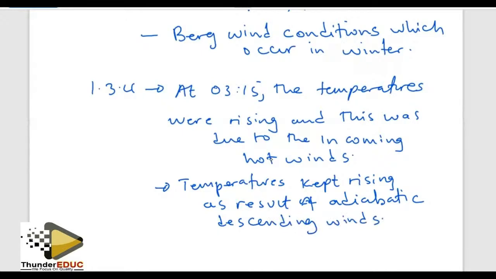So meaning that as winds were subsiding from the interior to the coast, they were warming up and drying up, therefore resulting in temperatures to keep on rising.